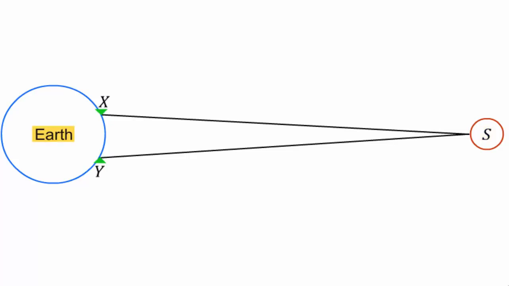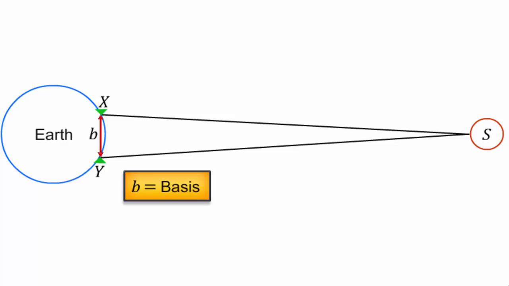Thus, XS and YS are the lines of sight of the planet from the two observatories respectively. Here, the distance B between X and Y is the basis, which is known.